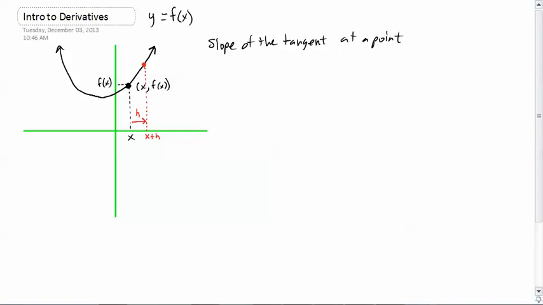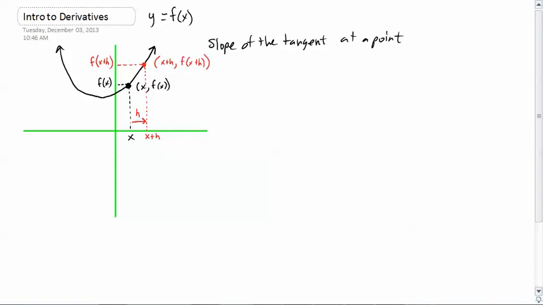If the x value is x plus h, I put that value into the function and work it out. And what do I get for the y value? I get f of x plus h. So now I have a second point, which is x plus h, comma, f of x plus h.